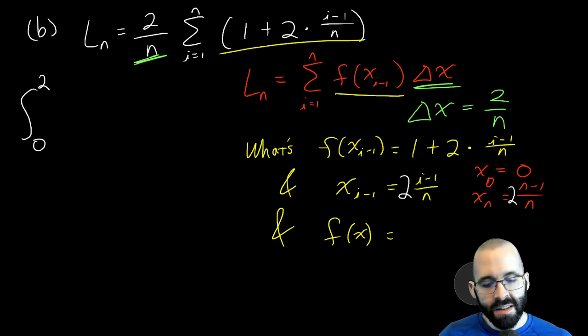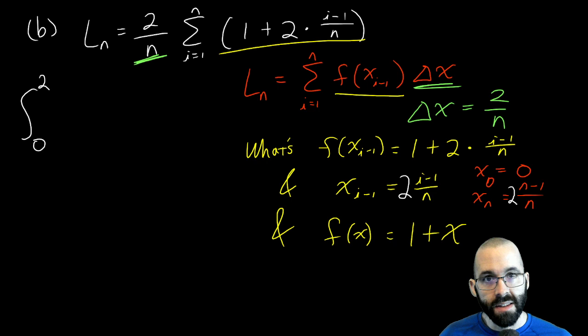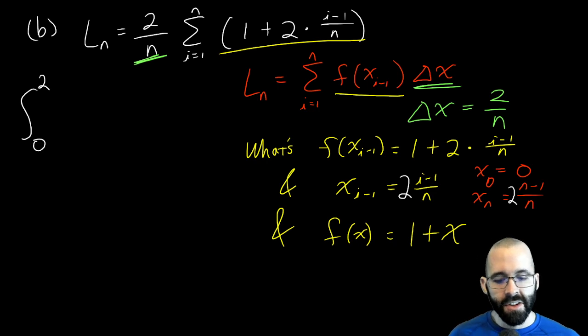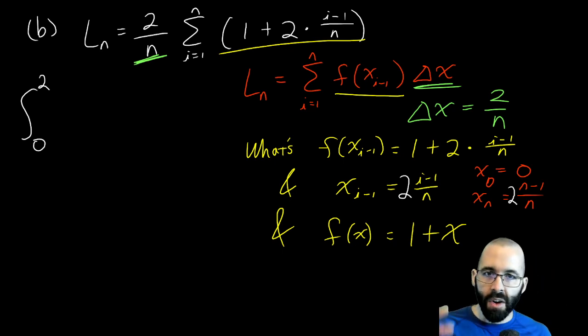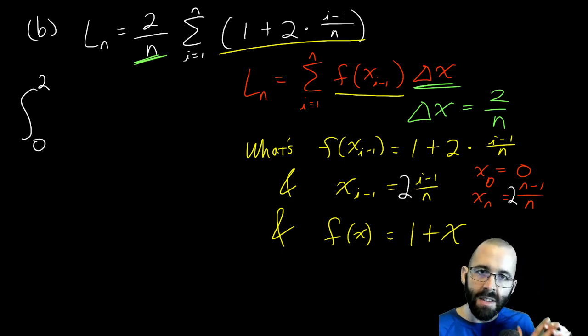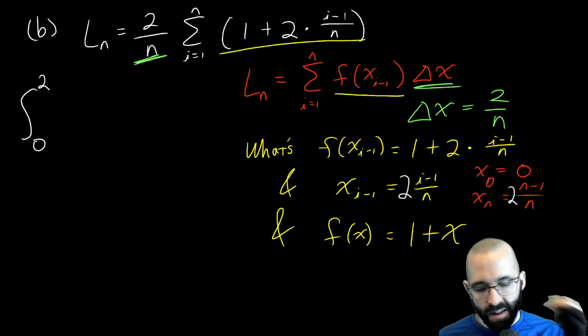But if we update our x sub i minus 1, that also updates our function. What's our new function? Well, it's going to be 1 plus this. And this is our x. So our function is actually just 1 plus x. So this is a perfect opportunity to show the problem-solving strategy and show how all the pieces need to fit together, because sometimes you make a guess, and sometimes it doesn't turn out to be correct.